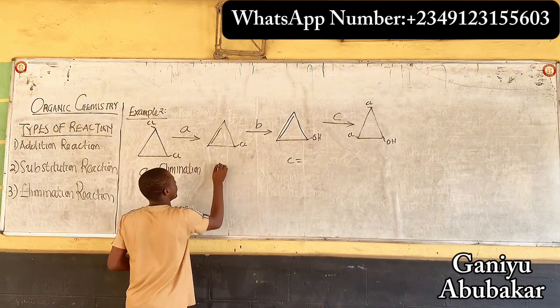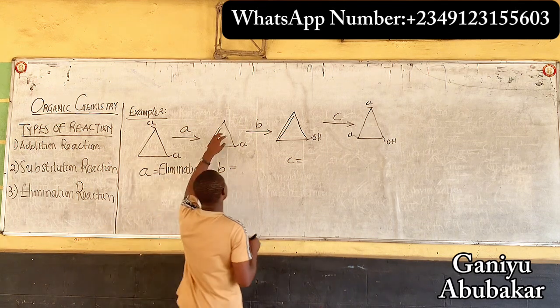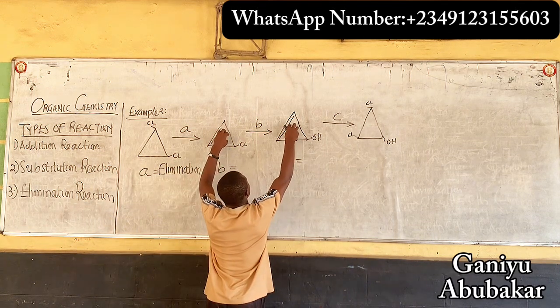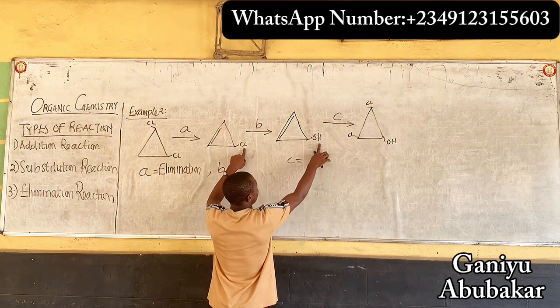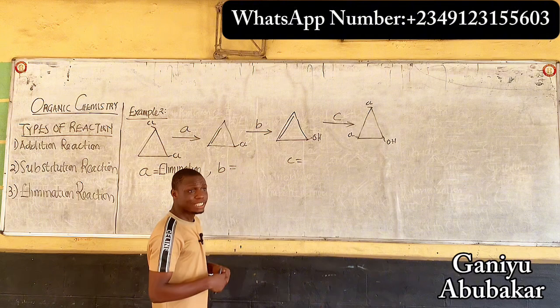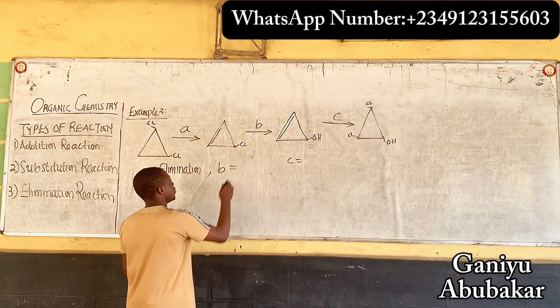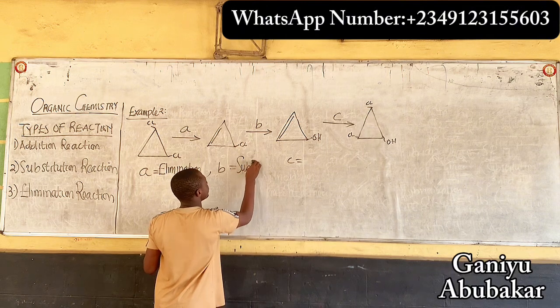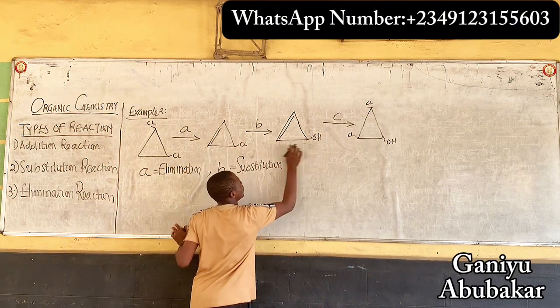What of B? Observe B. This thing and this thing remain the same. It's just that this Cl was changed to what? OH. That becomes a replacement. That becomes a substitution reaction.